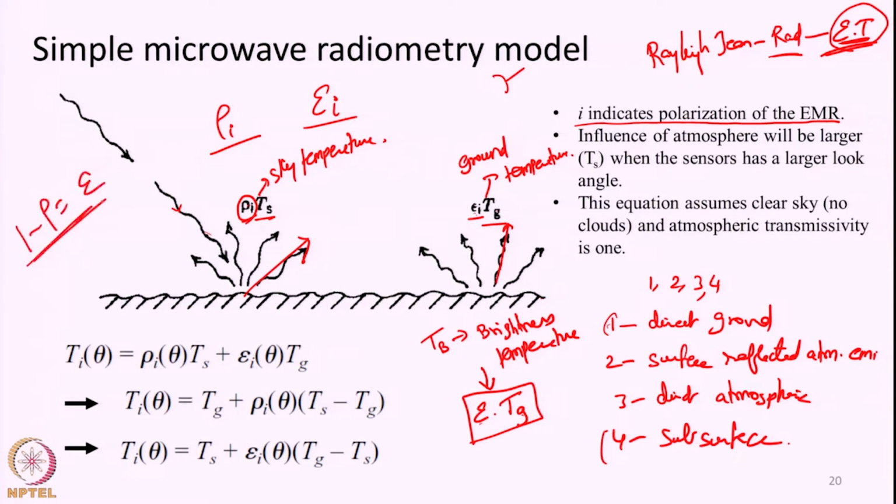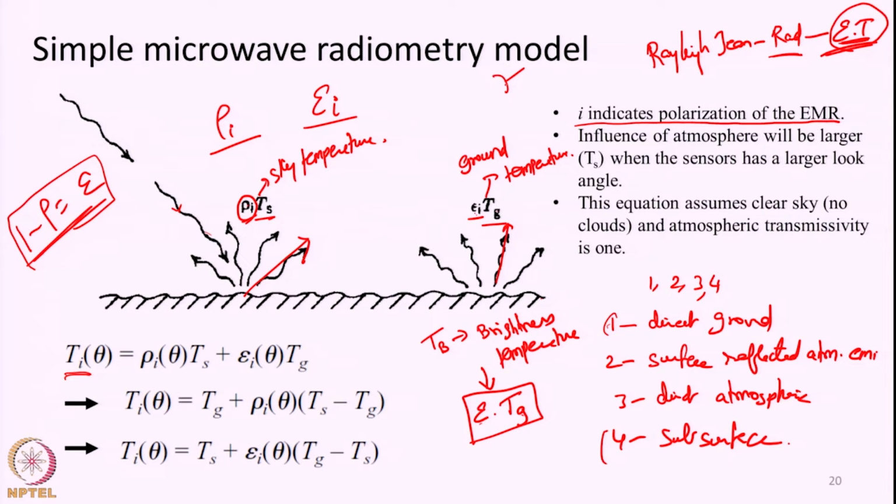That is, in a given polarization and a given wavelength, the surface has an emissivity of epsilon I and a reflectance of rho I, where I indicates the polarization.